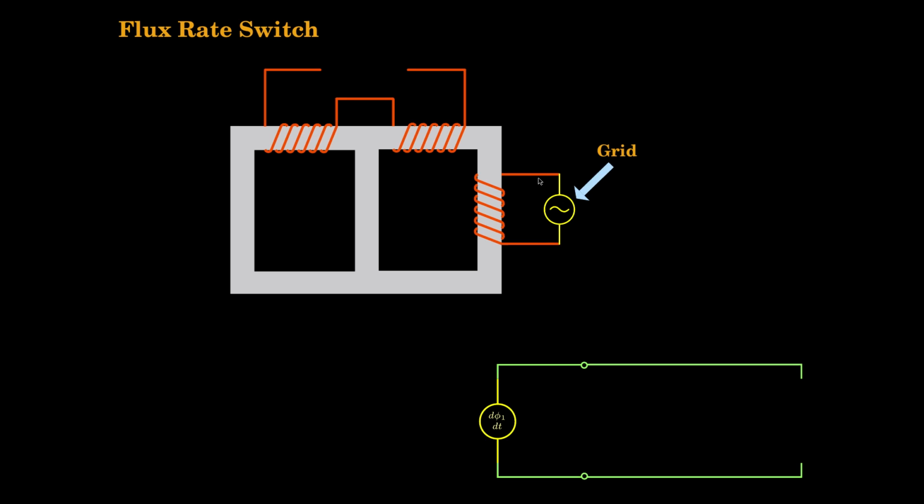So the voltage source on the electrical side is like, in the magnetic domain, a d phi 1 by dt source. Now across these terminals I will connect some load. So magnetically also it will look as though I have connected a load across here.